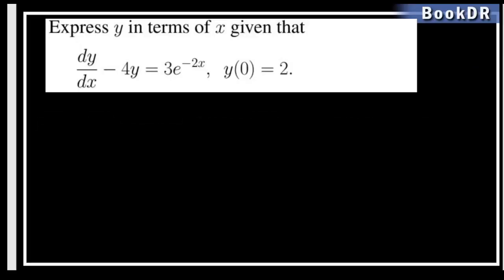In my previous video, we looked at this question using the formula approach. In this video, we are going to look at this question using the integrating factor approach. To use the integrating factor, our differential equation should be in the form dy/dx plus some function p of x multiplying y is equal to some function q of x.